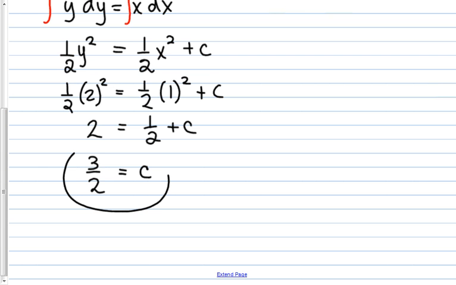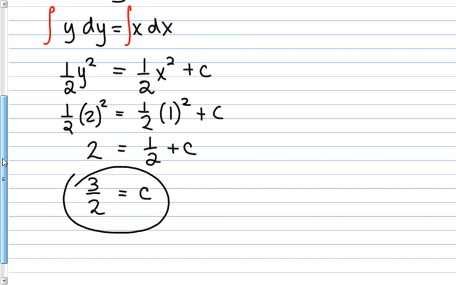So here's my c. Then I would go to the equation I found, right here, and I would plug in my c. So 1 half y squared equals 1 half x squared plus 3 halves. Now, remember, you've got to get y by itself.